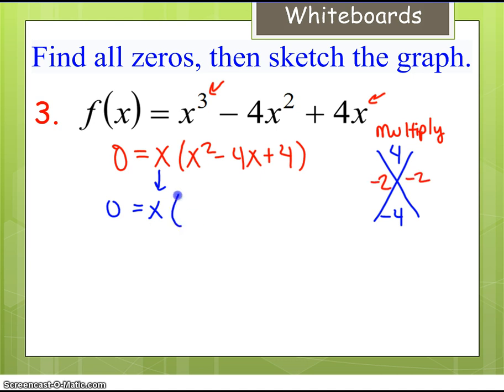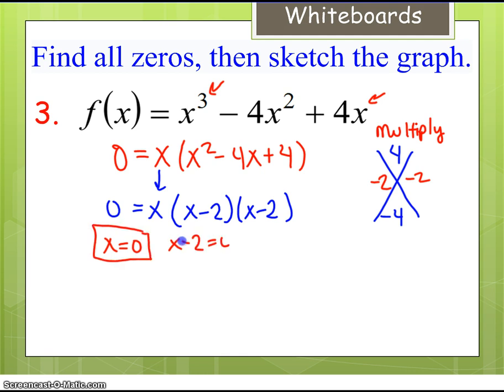So when I put them into my factors, I get x minus 2, x minus 2. Remember, you are solving. When you set each of these factors equal to 0, x equals 0, that's pretty much done for you. And x minus 2 equals 0, for both of them, you're going to get positive 2. So what happens is you end up with two 2's.